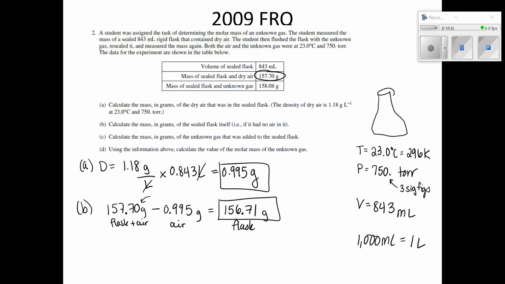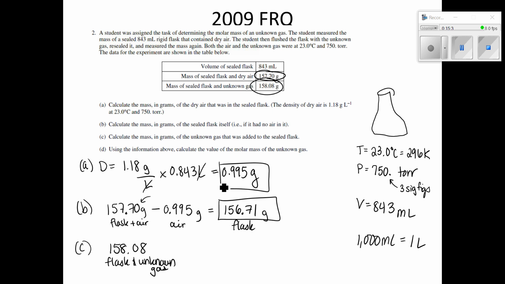That's the rule there. Okay, and if you look at C, calculate the mass of unknown gas that was added to the flask here. So we know that if you look up here at this data table, 158.08, this is the flask and the unknown gas. Because we initially had dry air.